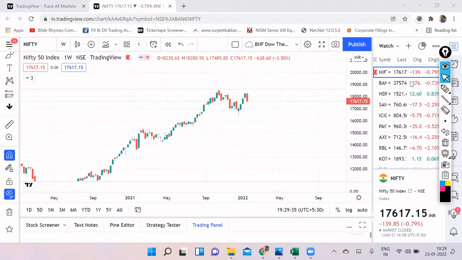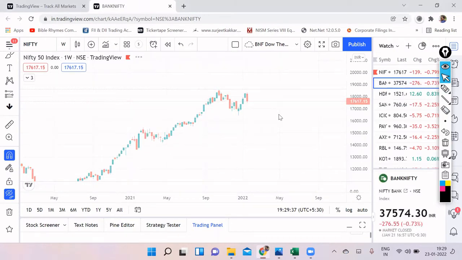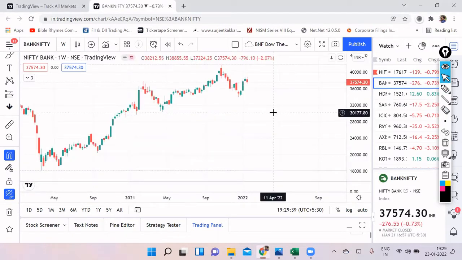And similarly, if we look at Bank Nifty, Bank Nifty also gave a rally from close to 34,000 and we went all the way up to 38,850 and we have just given a small correction so far.